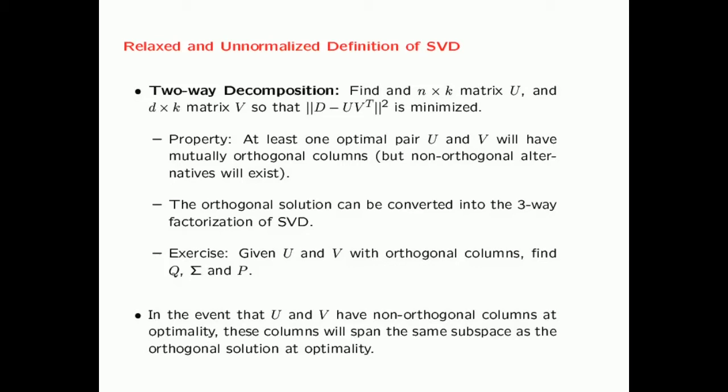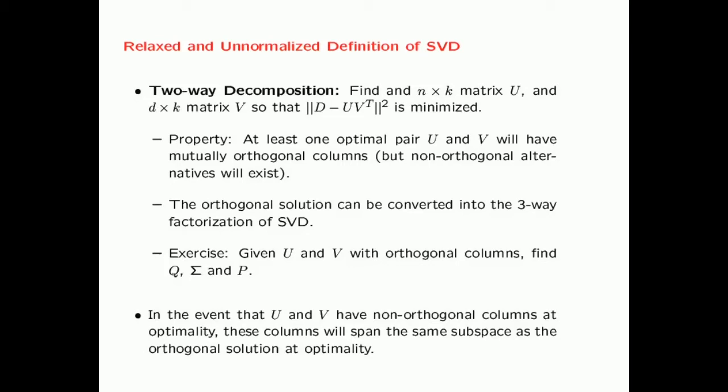However, there will also be other alternative optimum solutions in which the columns are non-orthogonal. Now, let's focus on the optimal solution in which the columns of U and V happen to be orthogonal. You can show that this two-way factorization can be converted into the three-way factorization of SVD, which was shown in the previous slide.